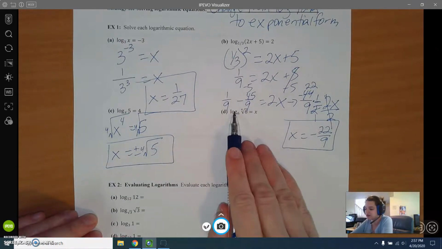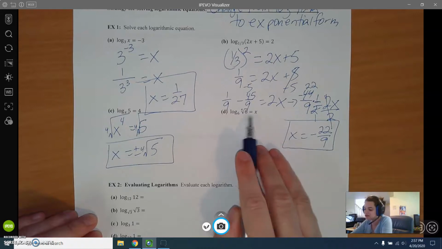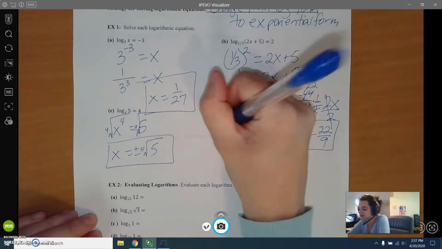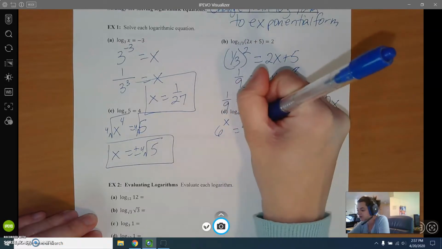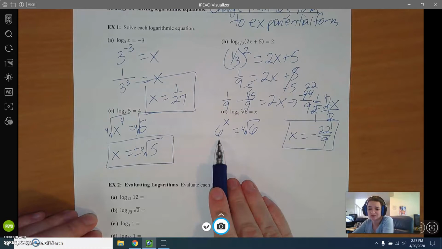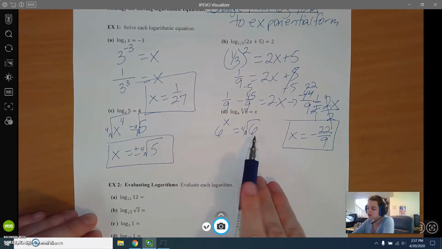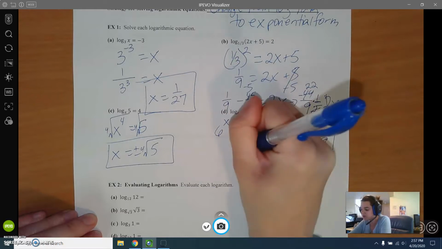Last one over here is log base 6 of the 4th root of 6 equals x. So let's change that to exponential form and see how that goes. So in exponential form, my base is 6. My exponent is x, and it would equal the 4th root of 6. Well, since I'm in exponential form, let's use exponents. So remember from our rational exponent unit, the 4th root of 6 would really be 6 to the 1/4 power.